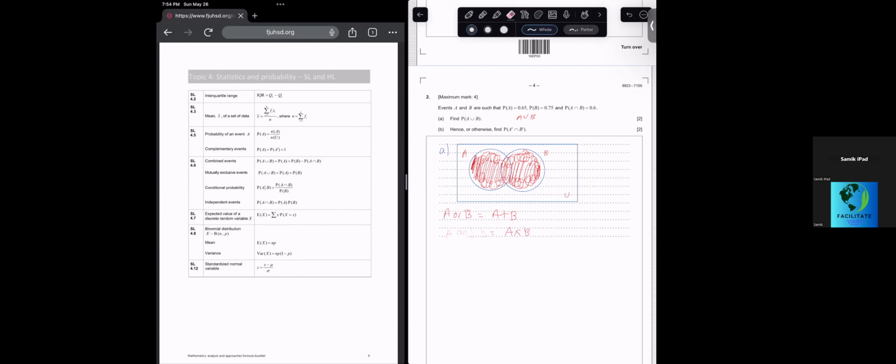So we're not getting to that right now, since the question only asks us about A or B. So A or B is A plus B, right, guys? So this is essentially what the A union B means.